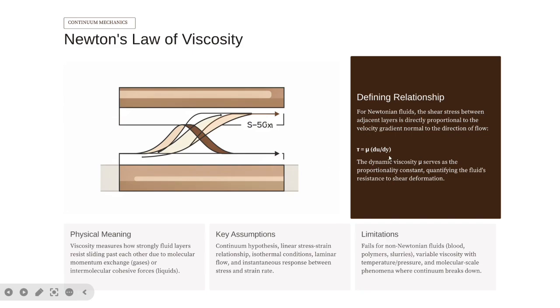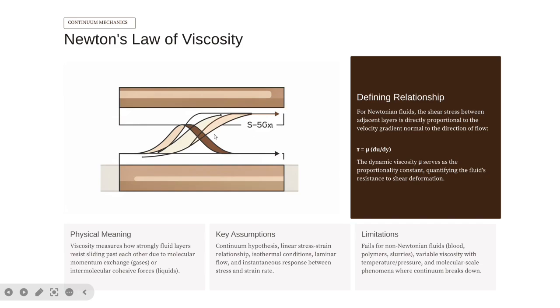To understand the derivation, we have to imagine two parallel plates. We fix the bottom plate. Then the top plate, let us assume, moves with velocity u, and a fluid is present in between them.